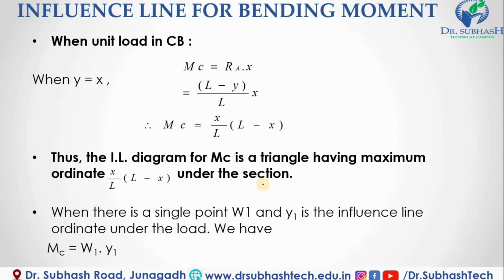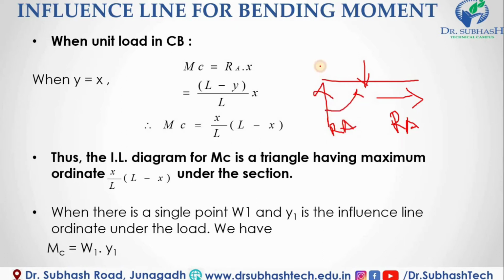Same factor. Now the unit load on portion CB means it is on the right hand side of the section. So what should be the effect? It is the effect of RA. Again, what moment is created on the left hand side? RA, load into this distance, and the distance is nothing but x.